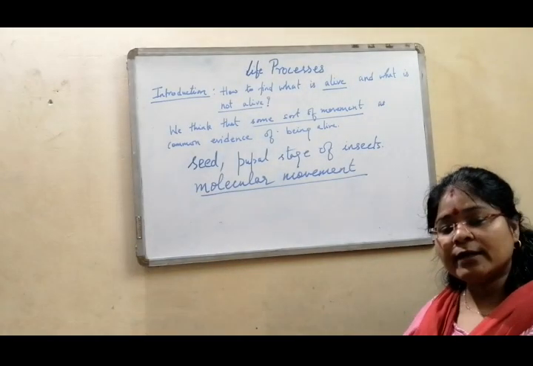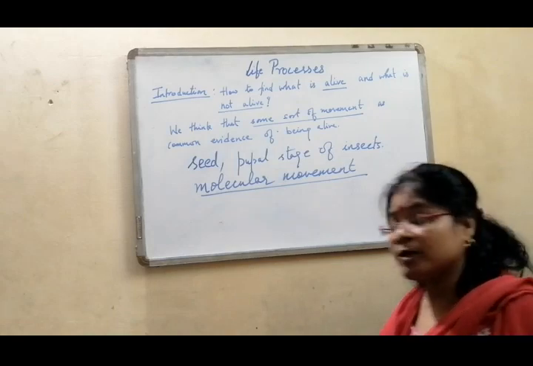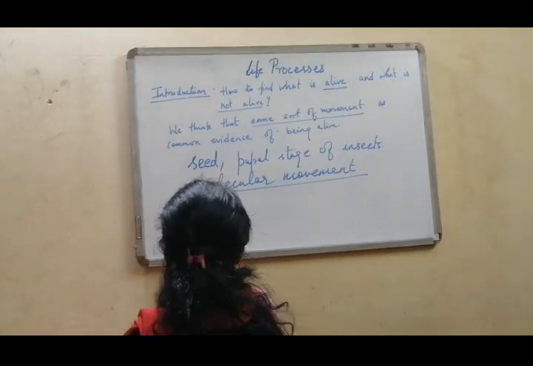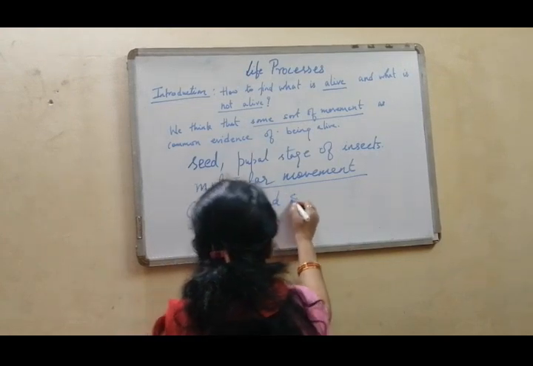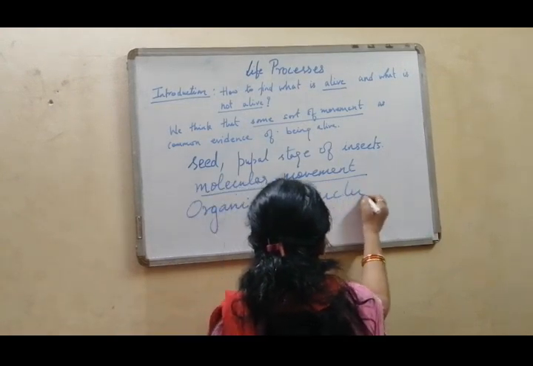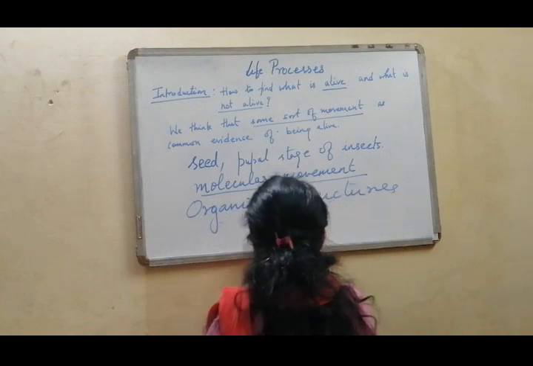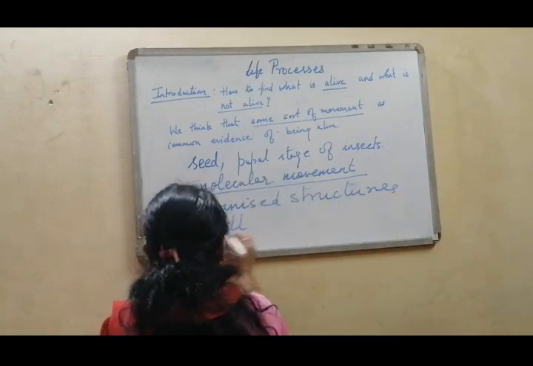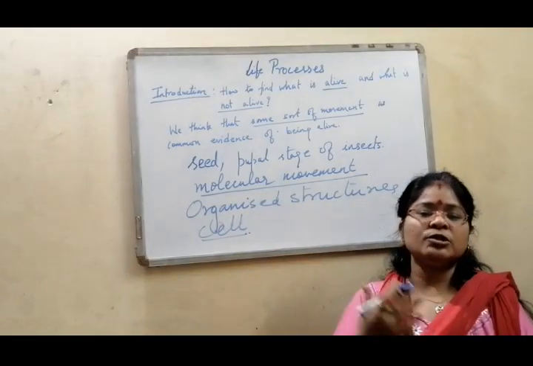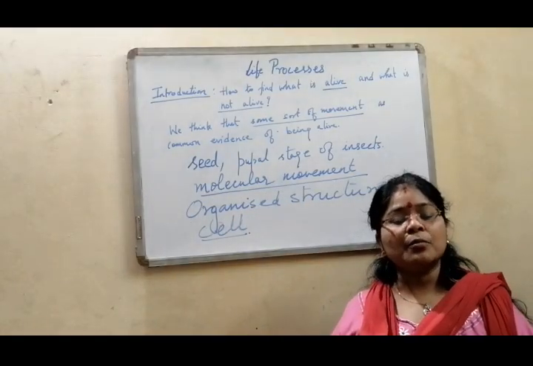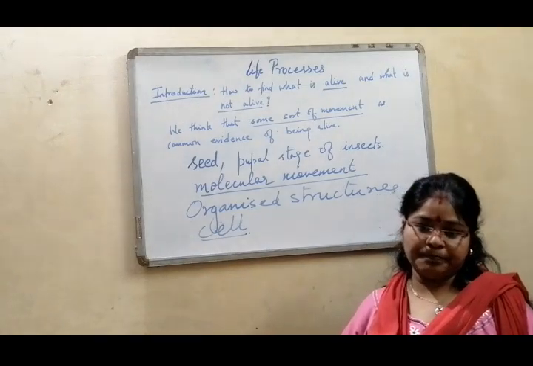See, if you look at a living organism, it is made up of what? It is made up of organized structures, which we call what? Cells. And all of you know that cells form tissues, then organs, organ systems in the multicellular organism.